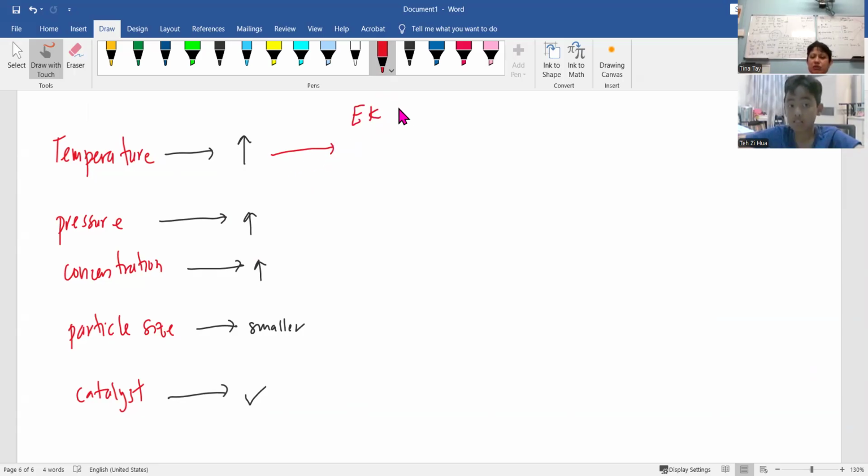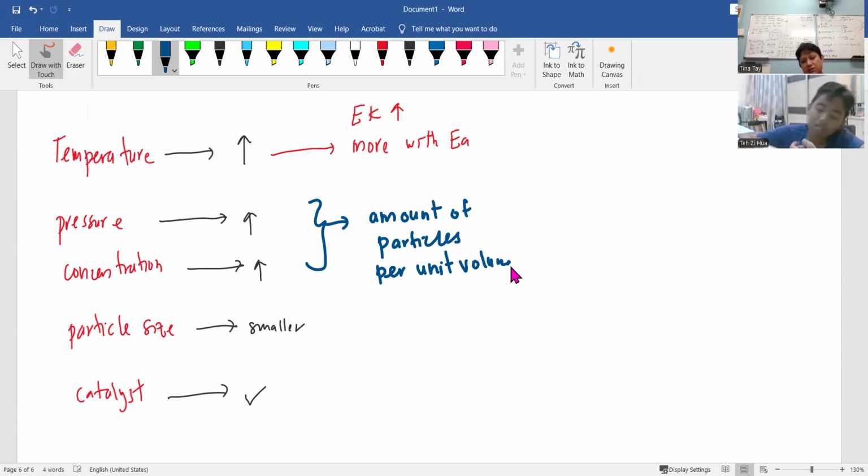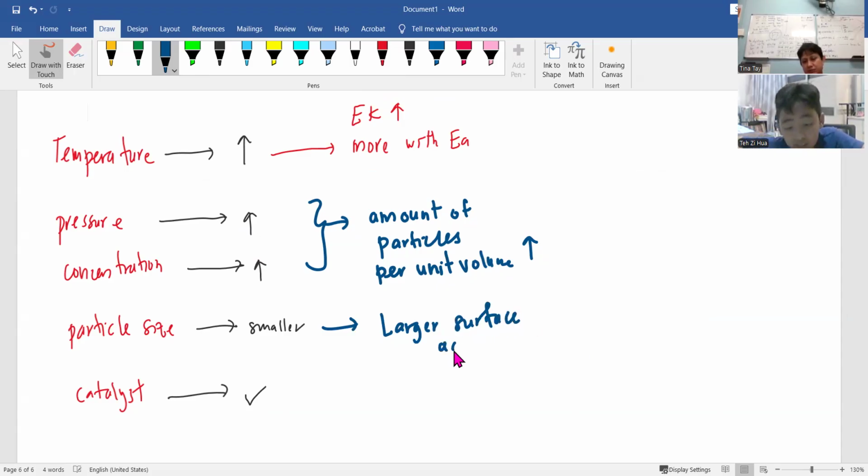The kinetic energy of particles increases and more particles have the activation energy. For both of these, the amount of particles per unit volume, meaning the particles are closer together, increases. This one is larger surface area. This one is the activation energy is lowered.